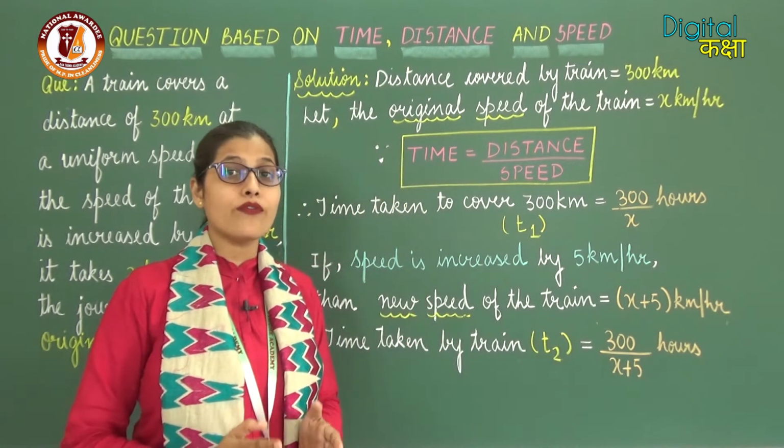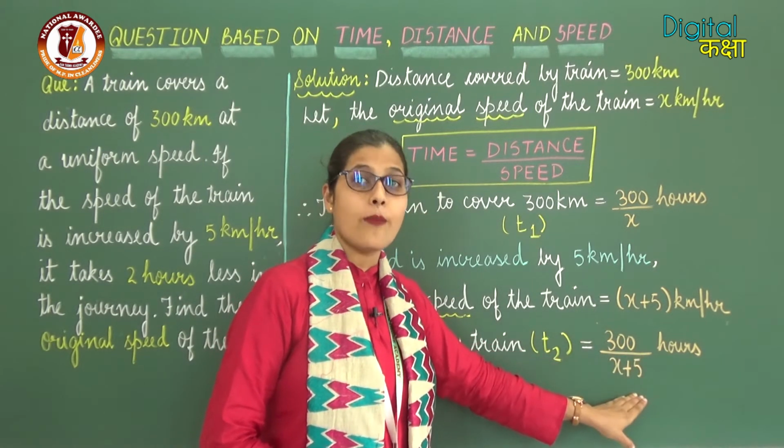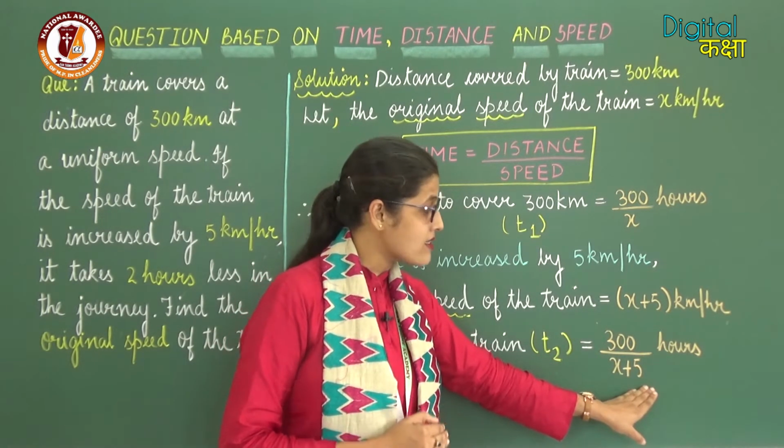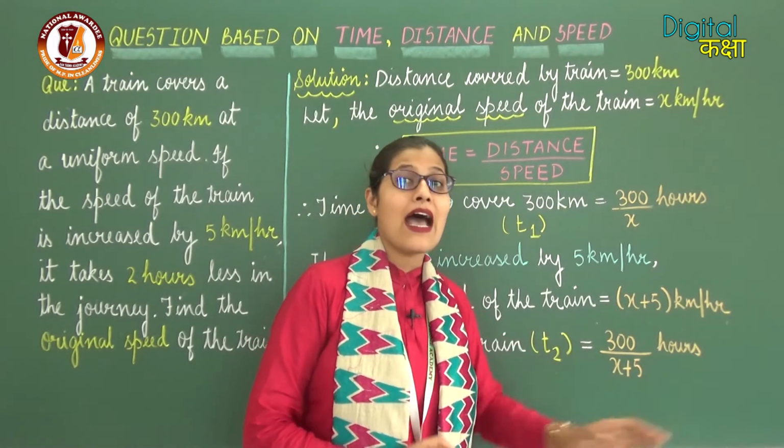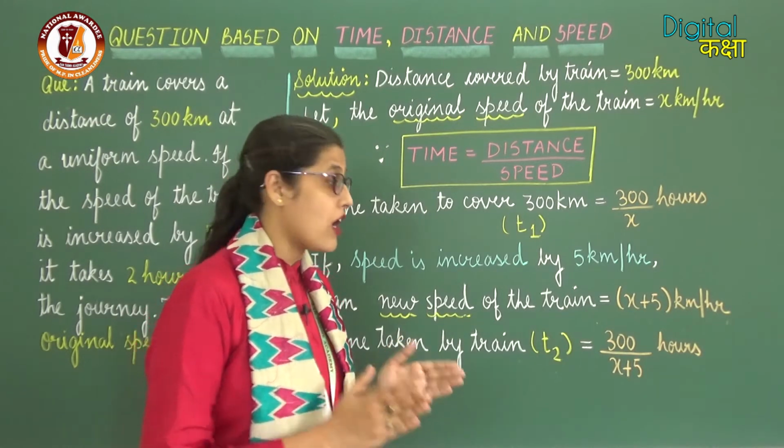So the value of t2 will be equal to 300 upon x plus 5 hours. As it is the time, it will be mentioned in hours.